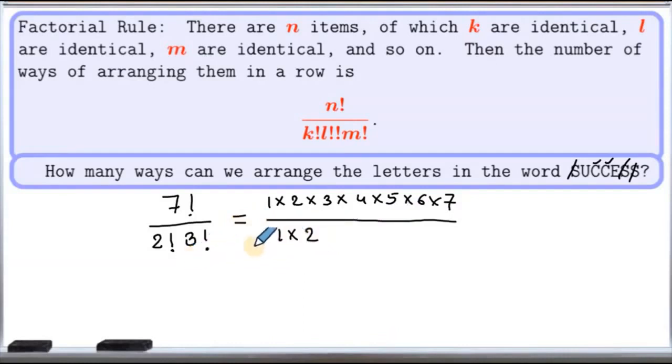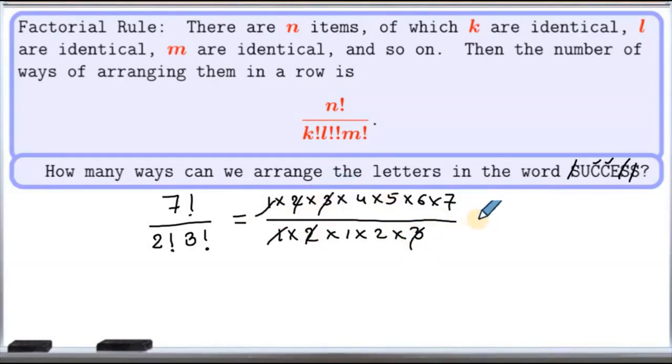And we also have 3 factorial, which is the product of numbers from 1 to 3. So that is 1 times 2 times 3. We can cancel some numbers out from the numerator and denominator. So 1 cancels 1, 2 cancels 2, then we have 3 and 3.